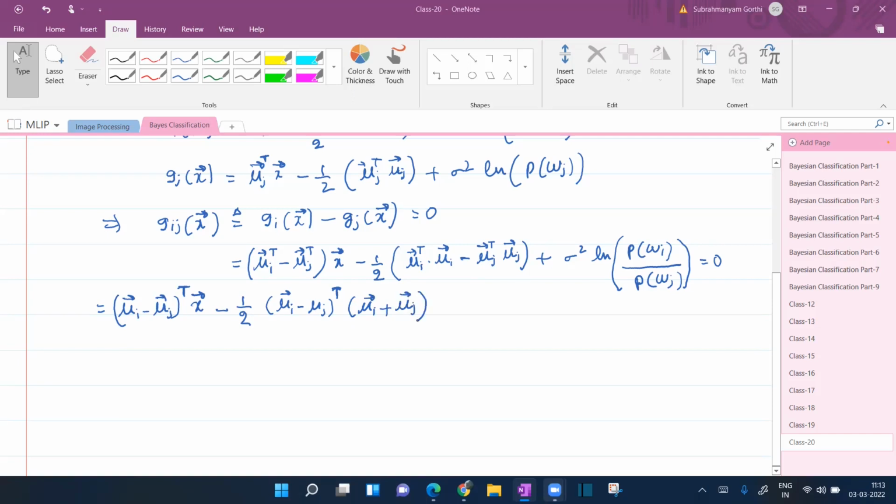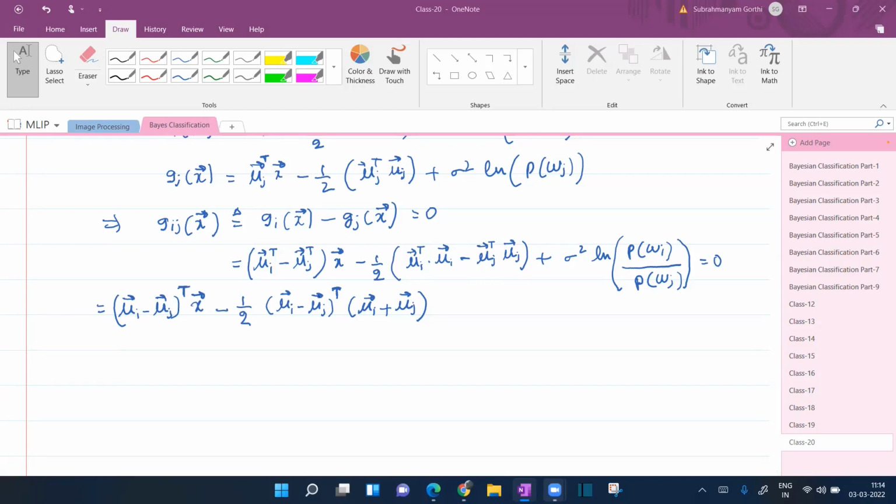In case you are not yet very clear on how I have written this, simply look at the multiplication. Mu i bar minus mu j bar whole transpose is nothing but mu i bar transpose minus mu j bar transpose. Then you see the multiplication, a minus b into a plus b.